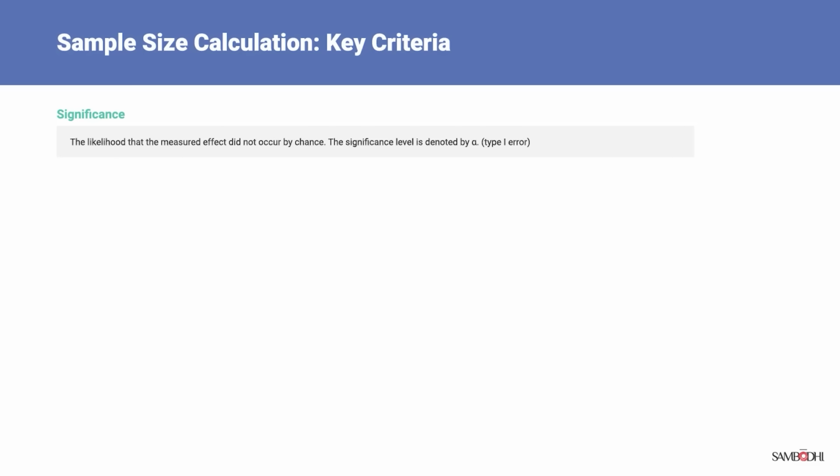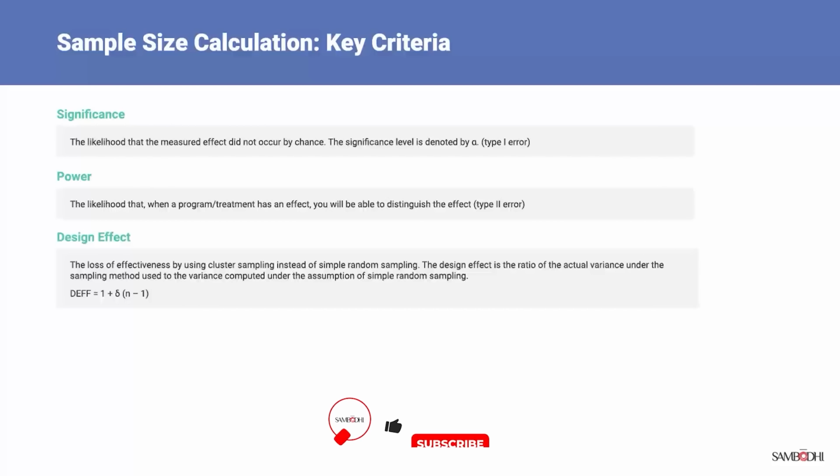Significance level is denoted by alpha, which is the type 1 error. Power, the likelihood that when a program or treatment has an effect, you will be able to distinguish the effect, which is type 2 error. The loss of effectiveness by using cluster sampling instead of simple random sampling is the design effect.